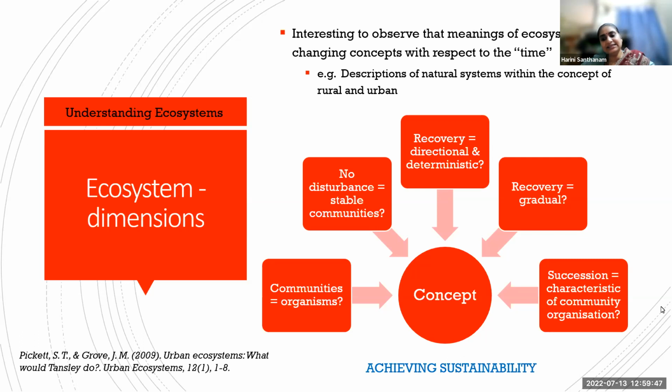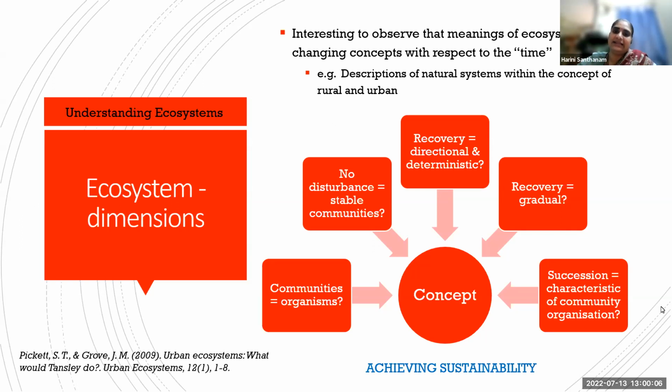Now, if we see the succession, the scale, the deterministic attributes, the stable communities, and the community level, we can relate this to the concept of urban sustainability very well, because it actually mirrors the concept of ecosystem very well.